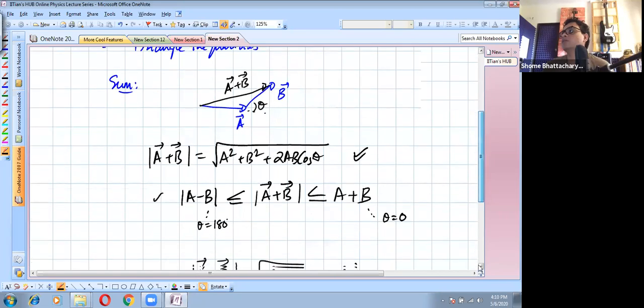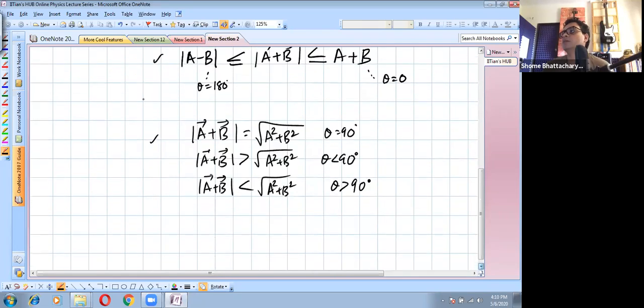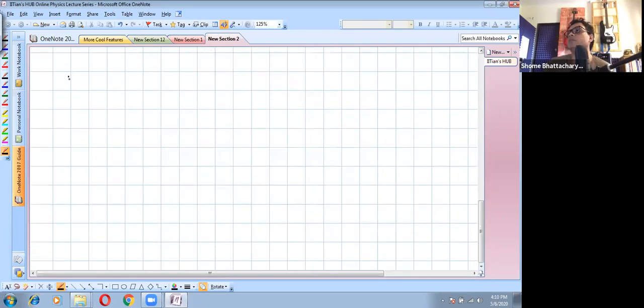Now, similarly, we also saw the difference formula. So we also saw the difference of two vectors, which comes like this.